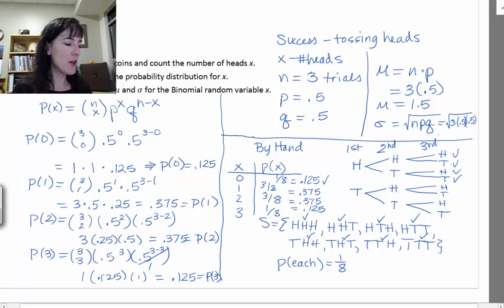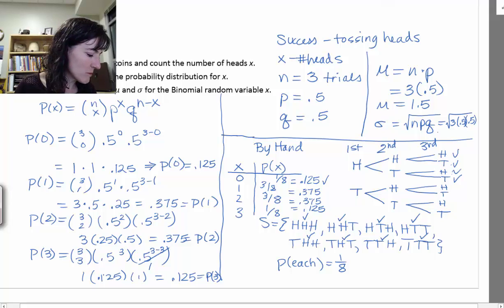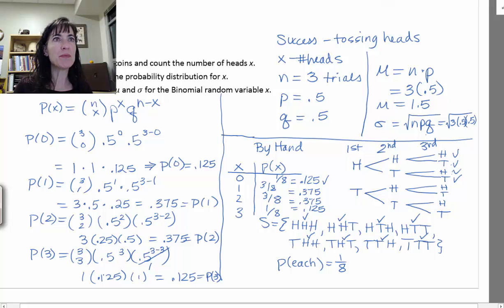When I multiply all those out, I get 0.75, but I need to take the square root. When I take the square root, I get 0.8660 rounded. So there is my sigma.